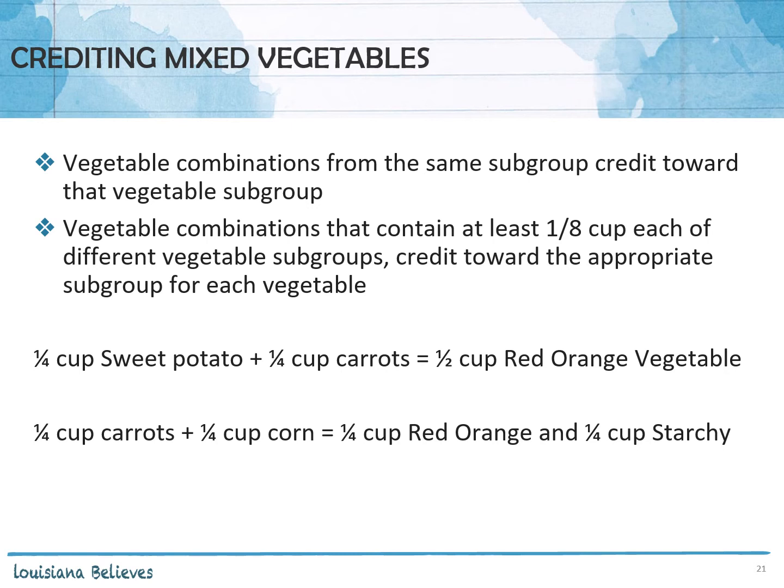If documentation doesn't exist, program operators can estimate how much of each subgroup is in a vegetable mixture and credit it towards the appropriate subgroup. At least 1/8 cup vegetable must be present to credit toward a subgroup requirement. If the quantities of the different vegetables are not known, the vegetable mixture can credit toward the additional vegetable requirement for the week.